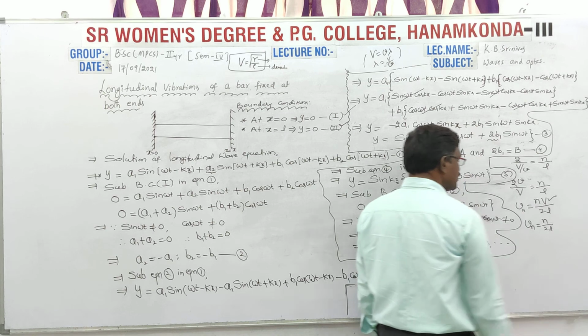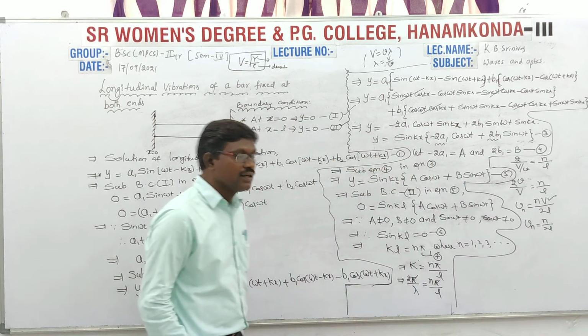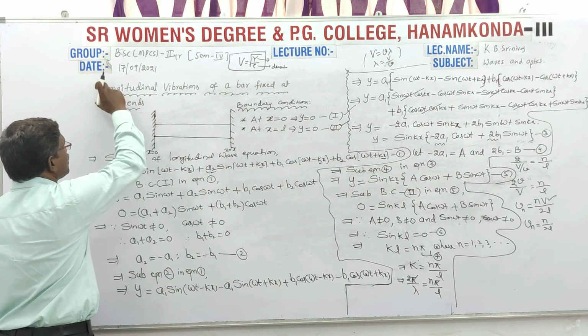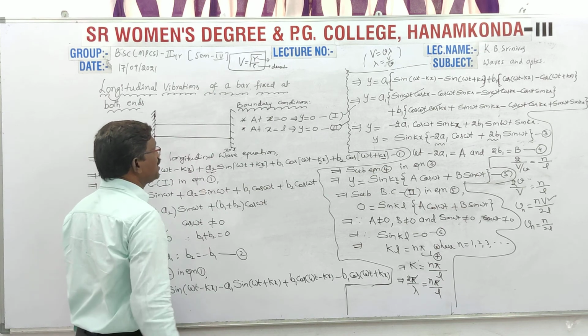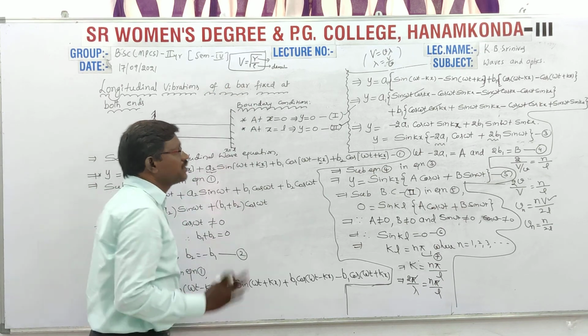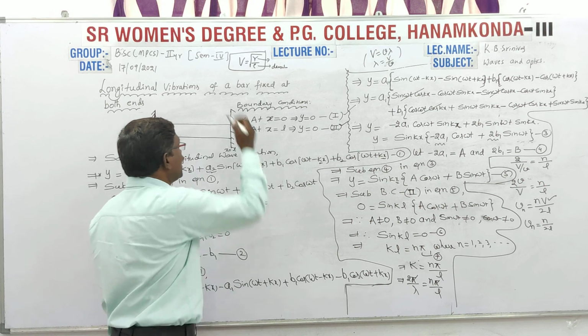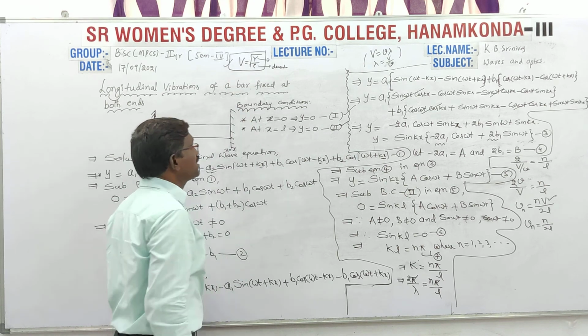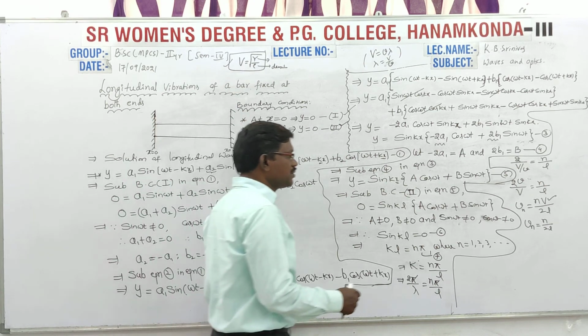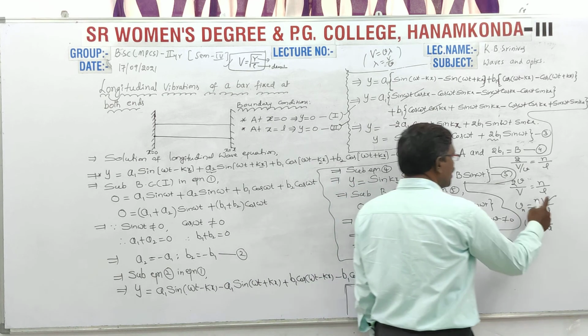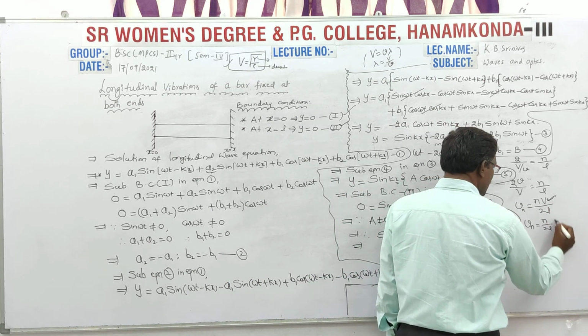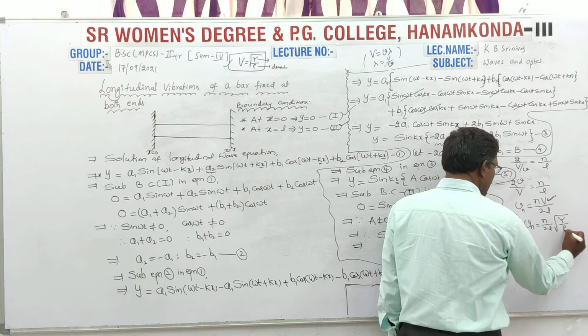What is V? V is the velocity of longitudinal vibration in a bar. In the previous lecture only, I have calculated the expression for velocity of longitudinal vibrations in a bar as V equal to under root of Y by rho.